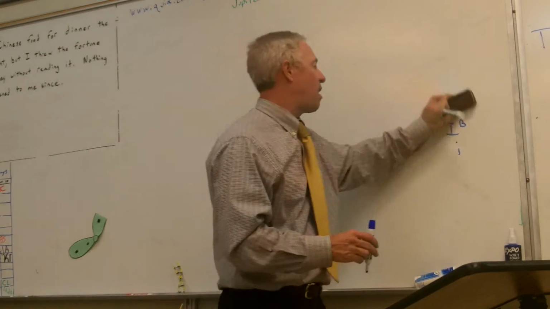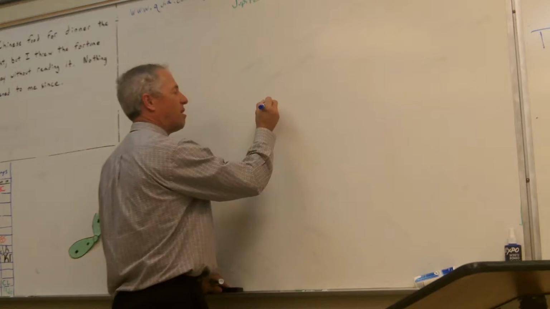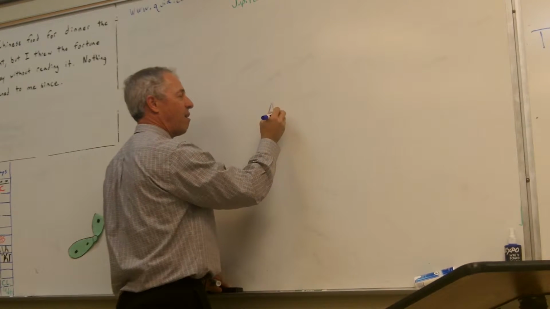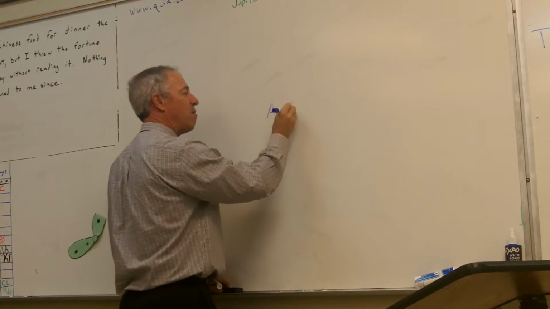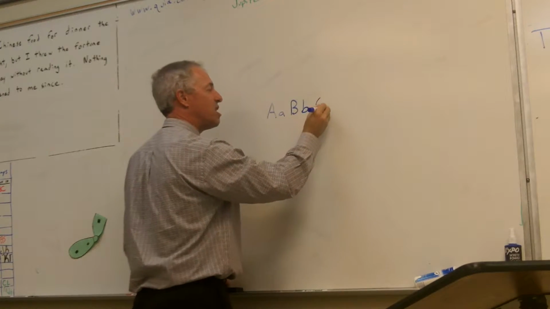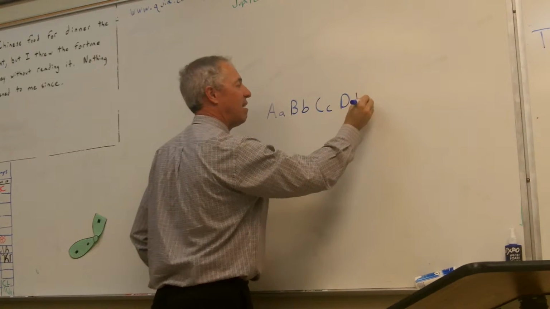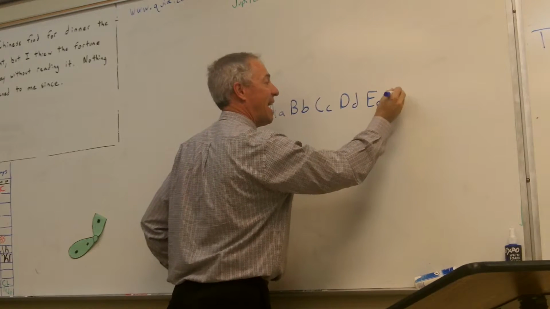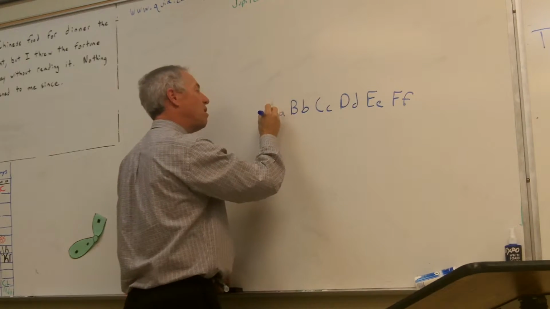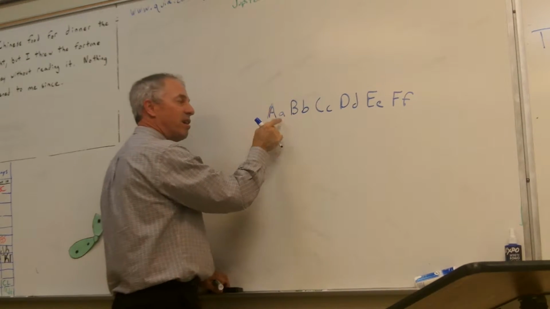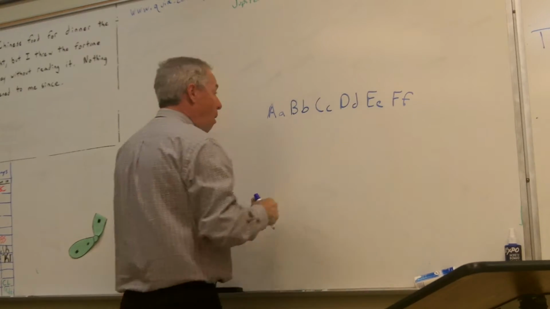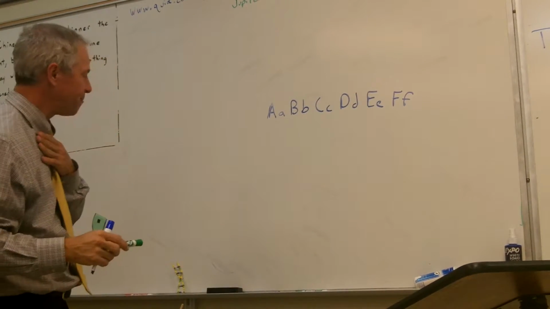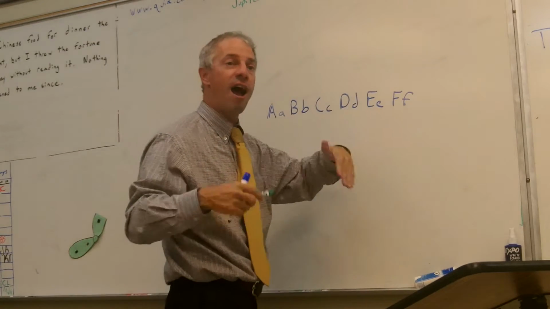And I will use, as an example of those, the letters A, B, C, D, E, and F. So in humans, every one of these codes for height.